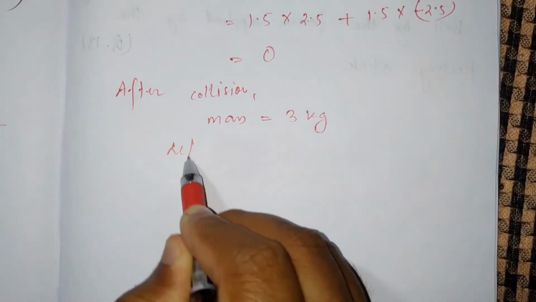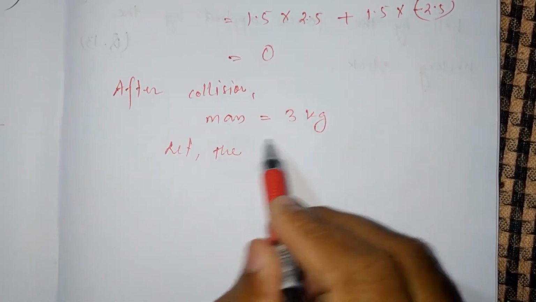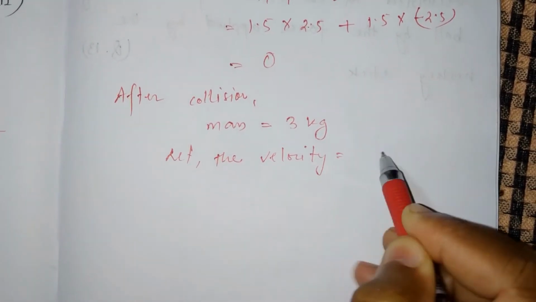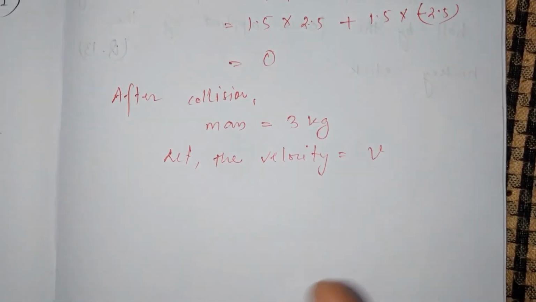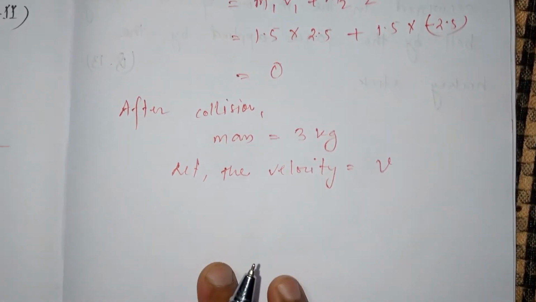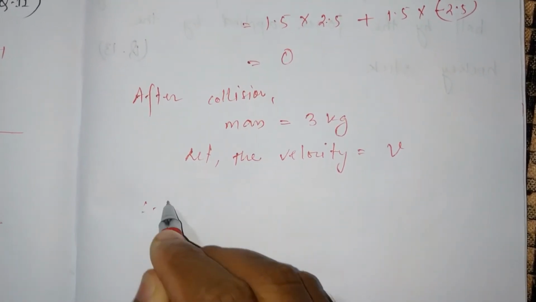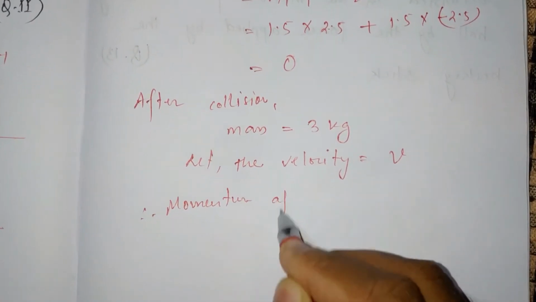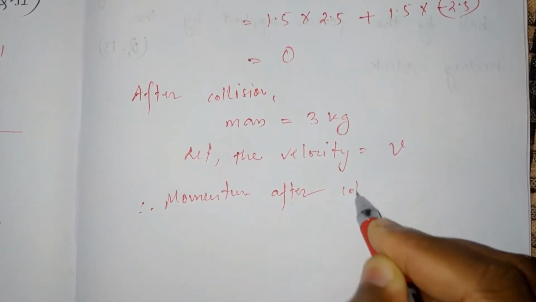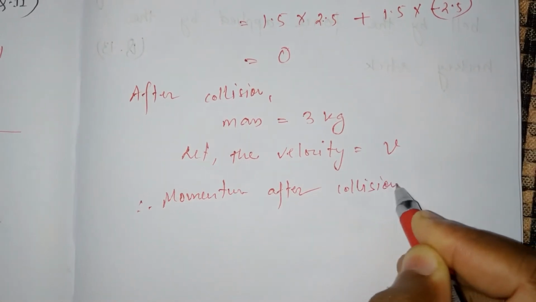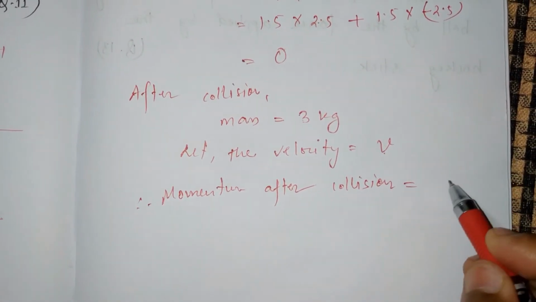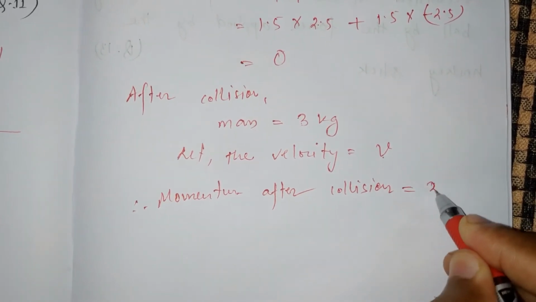We don't know the velocity, so let the velocity be v. We have just assumed this one as v. So this will be the momentum after collision. Momentum after collision will be mass into velocity, mv. Mass is 3, velocity is v.